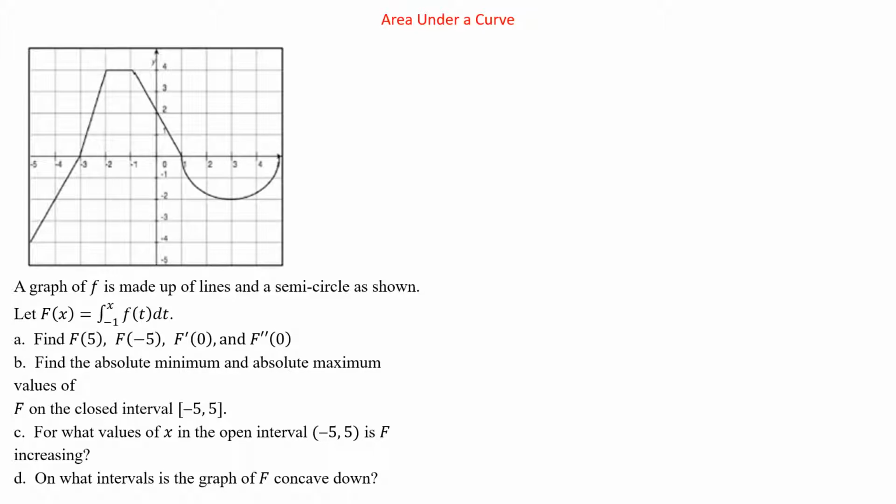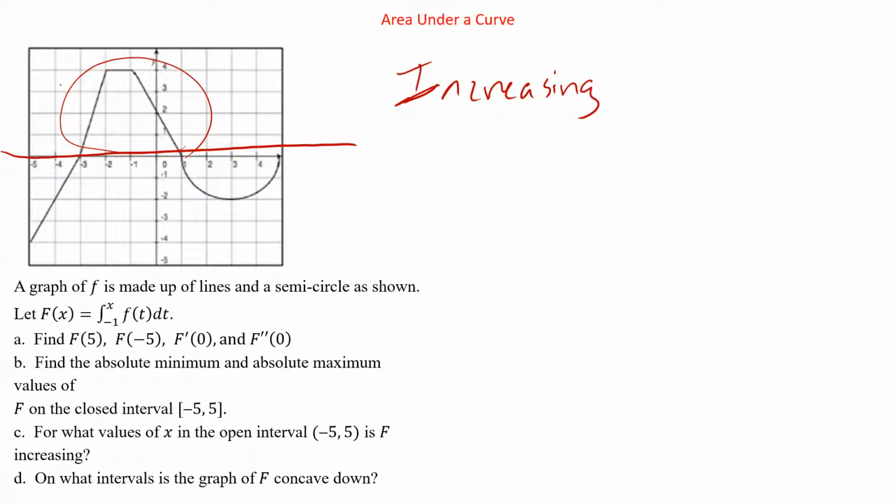Where is this graph positive? It's positive when it's above the axis, so it'll be positive there. So it is increasing on the interval -3, 1.